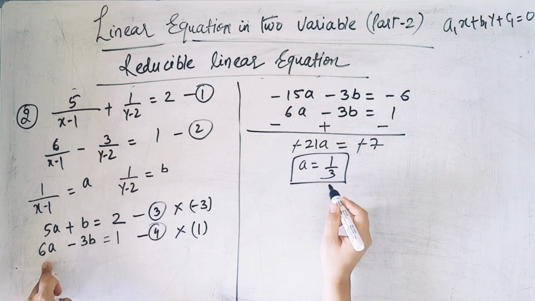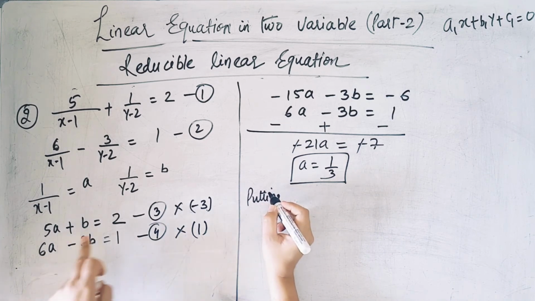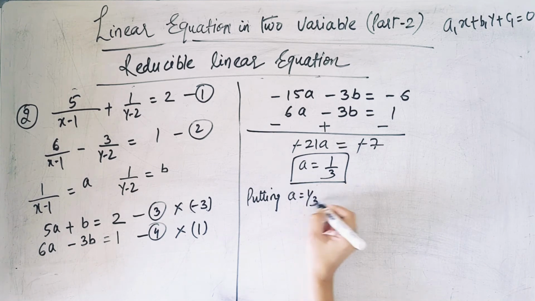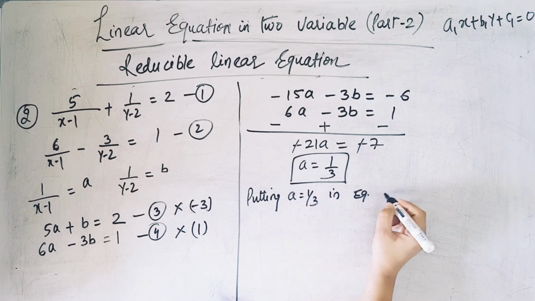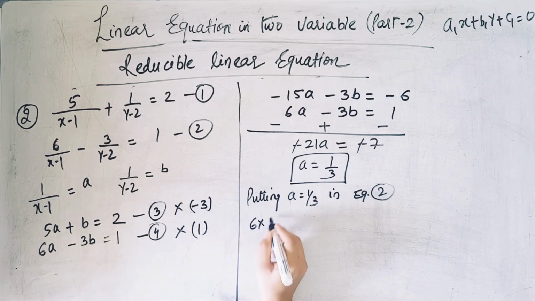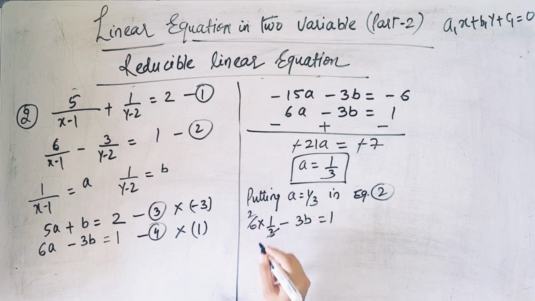This a equals 1/3 we will put in equation number 3 or 4, anyone we can put. Putting a equals 1/3 in equation number 2, because it is easy for us to solve. So 6 into 1/3 minus 3b equals 1. 3 2s are 6.